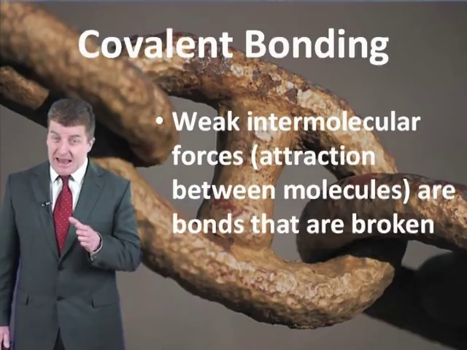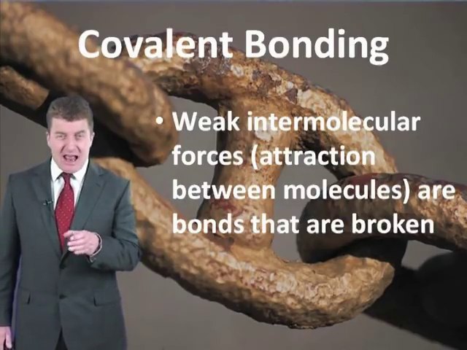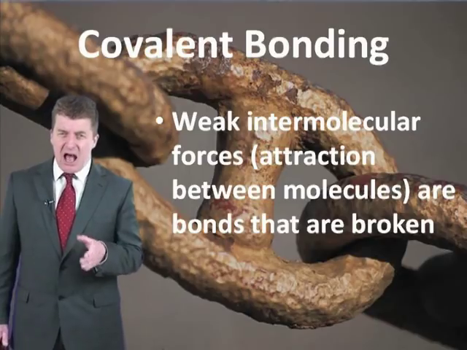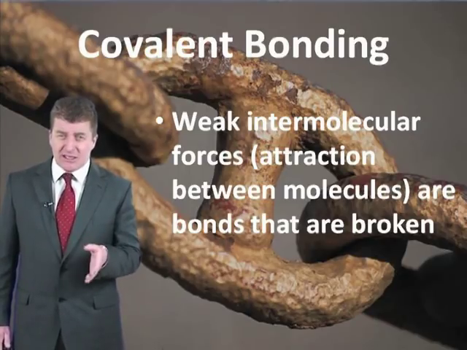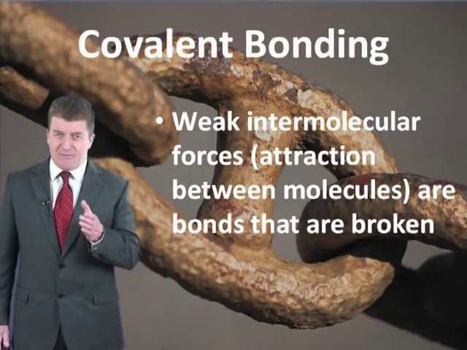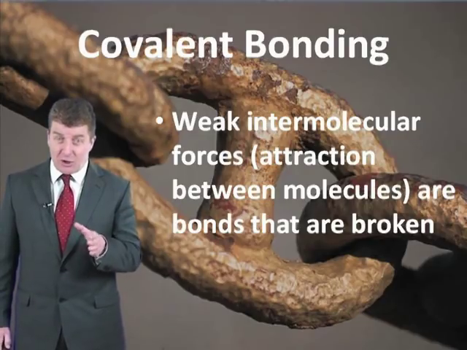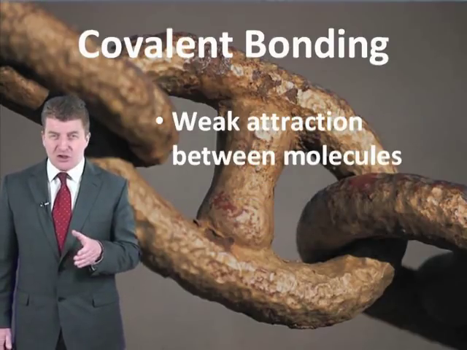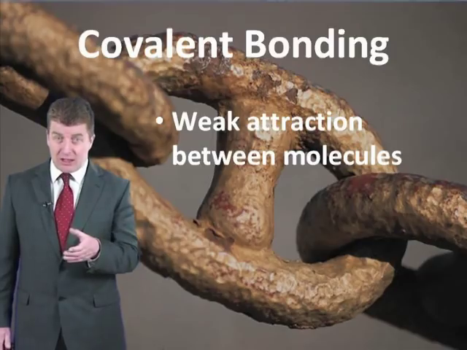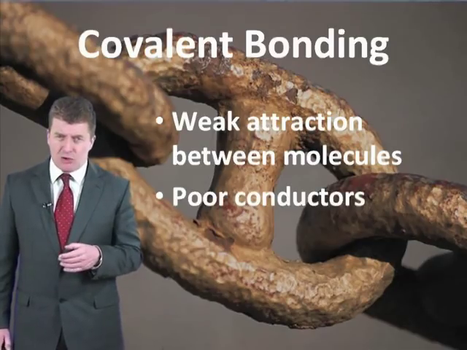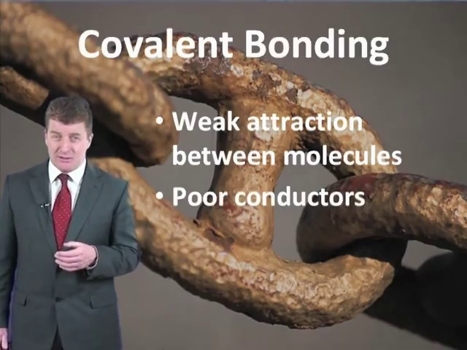The weak intermolecular forces, which is the attraction between the molecules, can be broken, but the forces holding the atoms together inside are quite strong. They've also got weak attraction between molecules, and they're generally poor conductors. So gases are generally poor conductors.